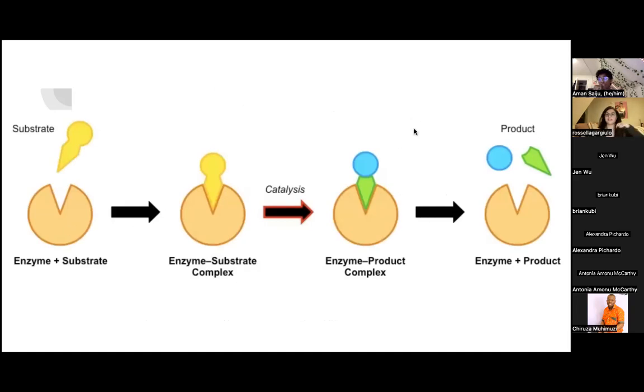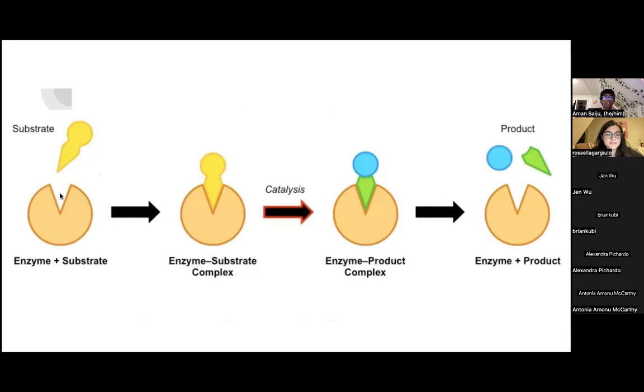This is kind of showing what I was just talking about. Can everyone see my mouse? Yes. So in this scenario, you want the enzyme to pick up the substrate really quickly and hold on to that substrate strongly. So between this state and this state, you'd want a really low KD.